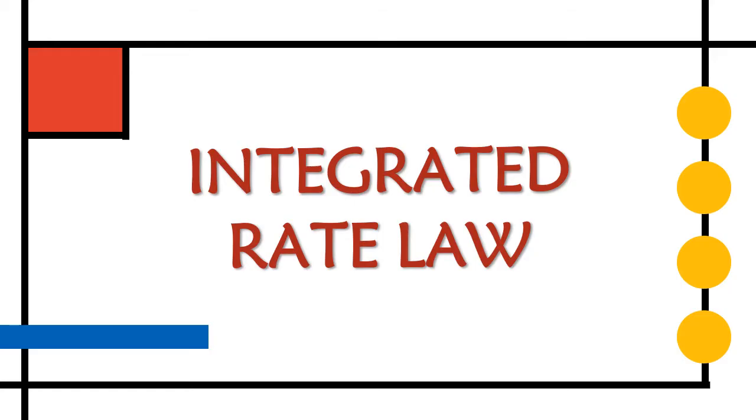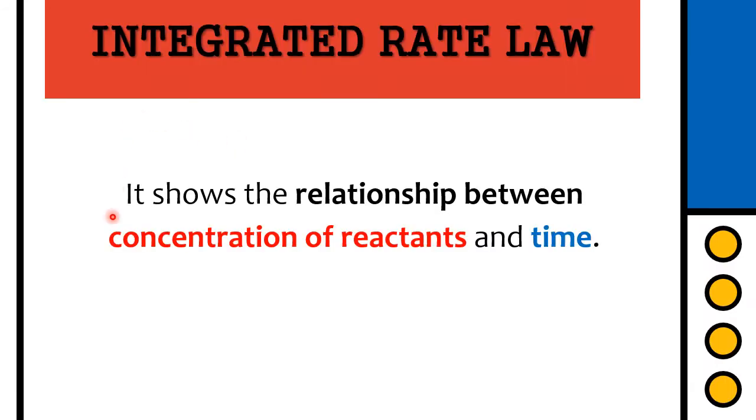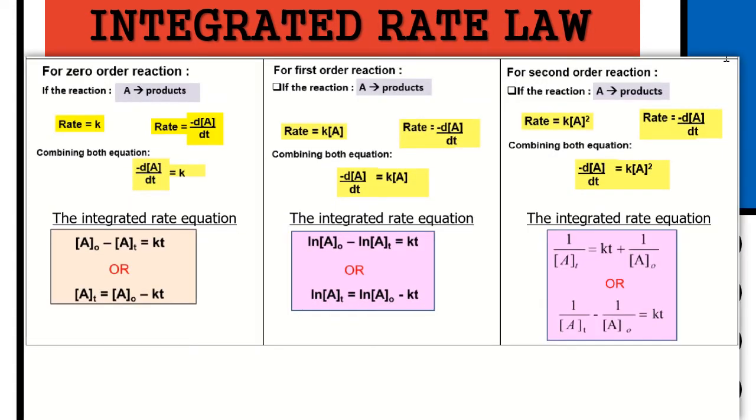Right now, let's take a look at what is integrated rate law. For integrated rate law, it shows the relationship between concentration of reactants and time. For our integrated rate law, we're going to focus on the 3 orders of reaction that we have mentioned just now, which are zero order, first order, and second order reaction.